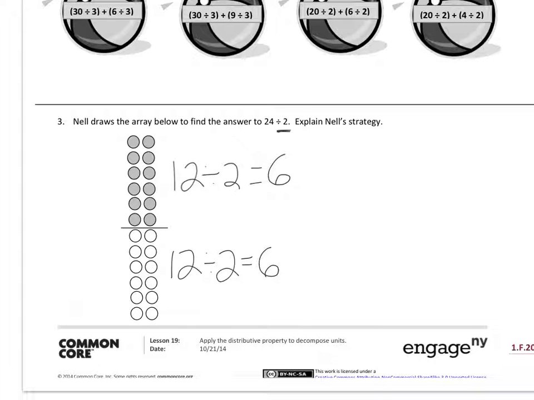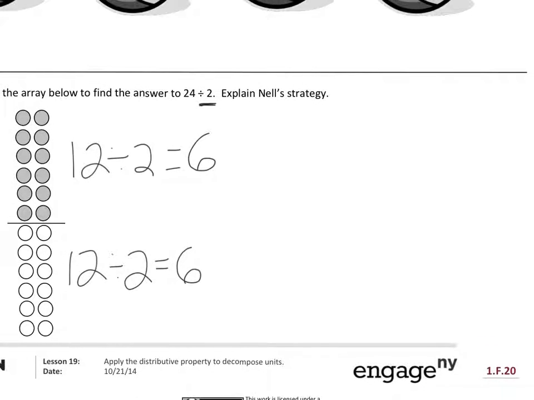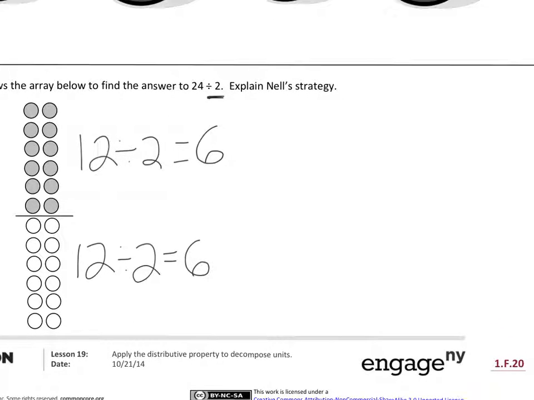So now let's use our equations. I'm going to scoot over a little bit and give myself just a little bit more room to write. 24 divided by 2 equals.